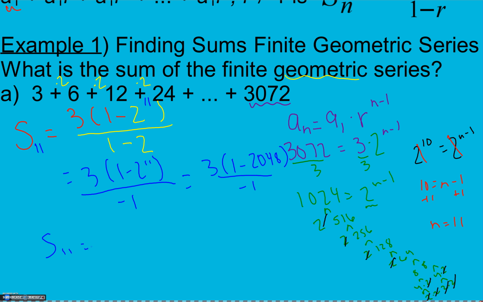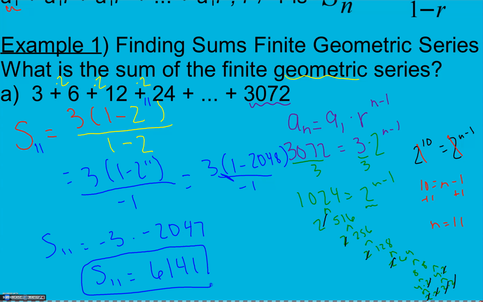So I'm going to have negative 3, I just divided right here, times negative 2047. And when I multiply there, I'm going to get 6,141. That's the sum of our first 11 terms.